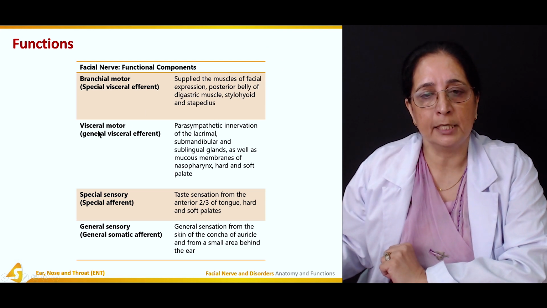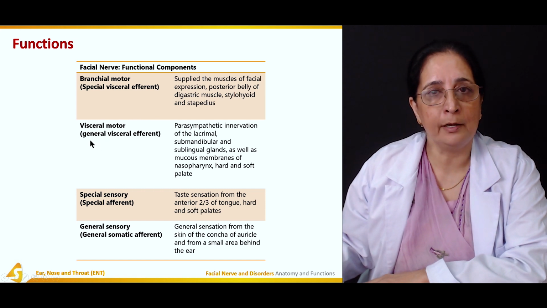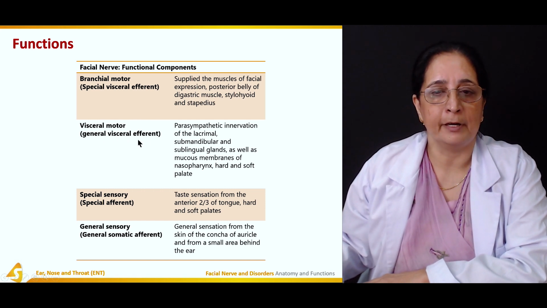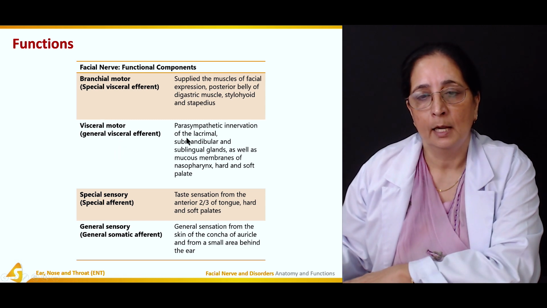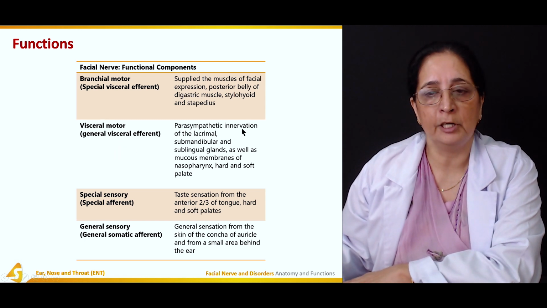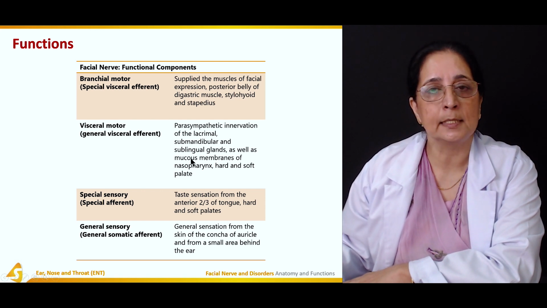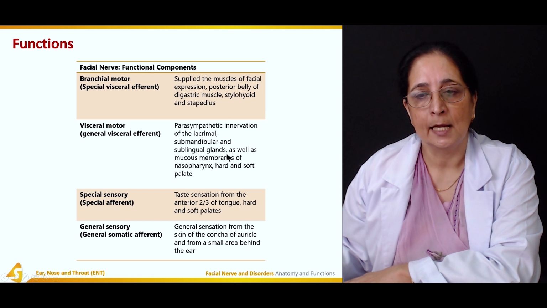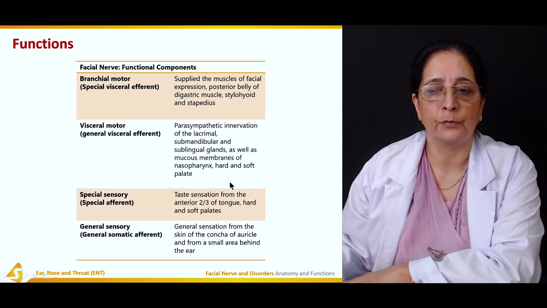Then the other branch we have is visceral motor. This is general visceral efferent. So one was special, one is general. General is parasympathetic innervation of the lacrimal, submandibular and sublingual glands, as well as the mucous membrane of the nasopharynx, and the hard and soft palate.